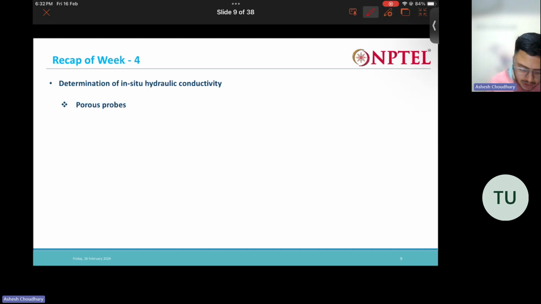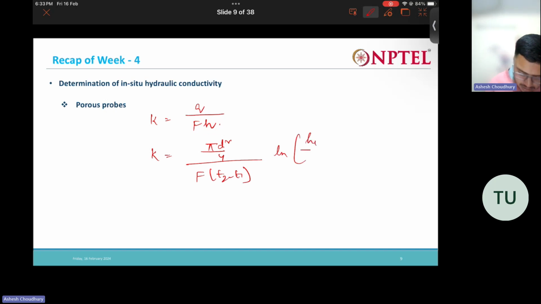For the porous probe, K is given by Q by H, so K is nothing but pi d square by 4, D1 and H2. There is the soil. You put some probe inside it, and then you measure the change in head in there. From there you actually get this K value.